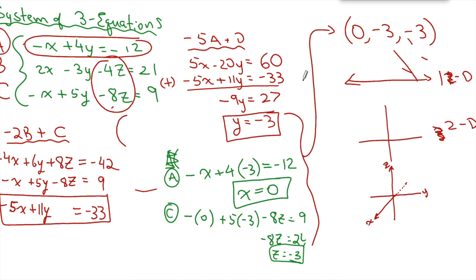And the line that intersects the walls over here in this corner is the z-axis. So the coordinate 0, -3, -3 is 0 on the x-axis and -3 on the y, so it goes actually towards the road, and -3 on the z, so then it goes straight down into the dirt 3 feet. Kind of weird, huh? That's just an explanation of what this x, y, and z is really talking about.